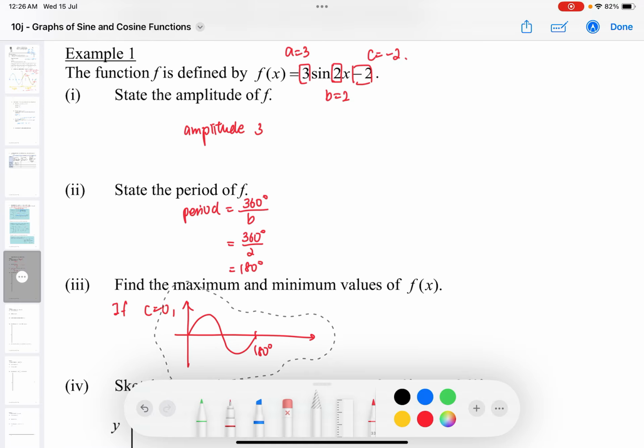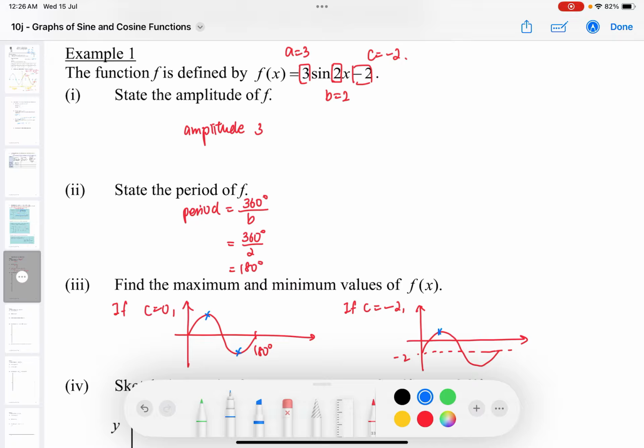But the moment C becomes negative 2, the entire graph will have to be shifted down 2 units, so it will go something like that. The crucial points, the maximum and the minimum point, will all be shifted accordingly.